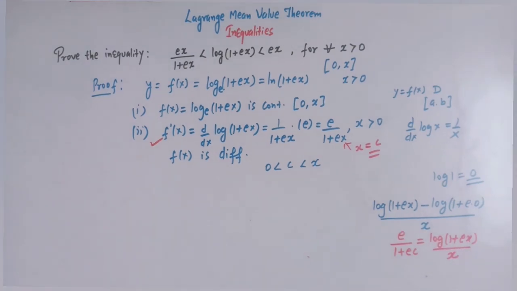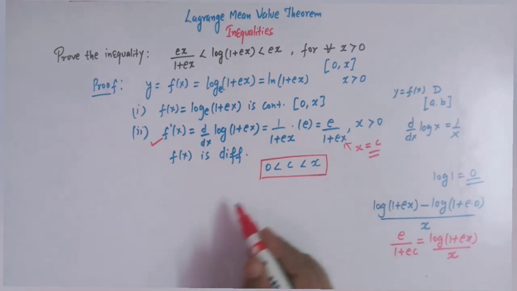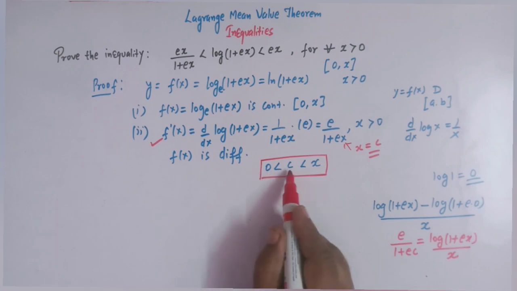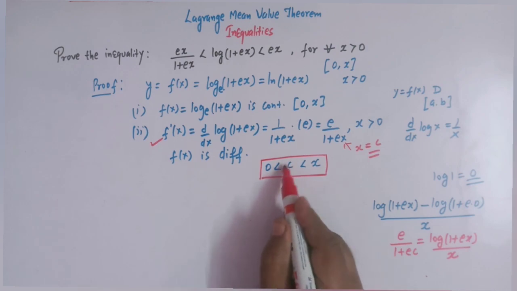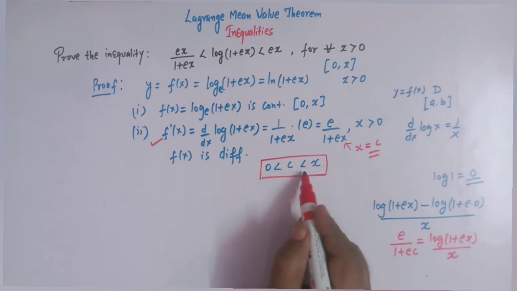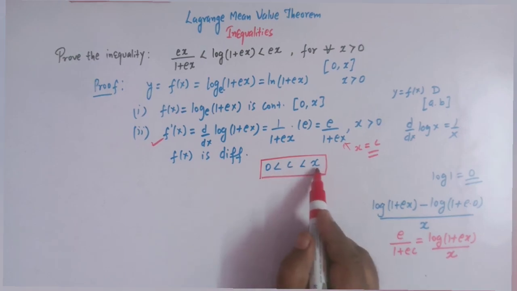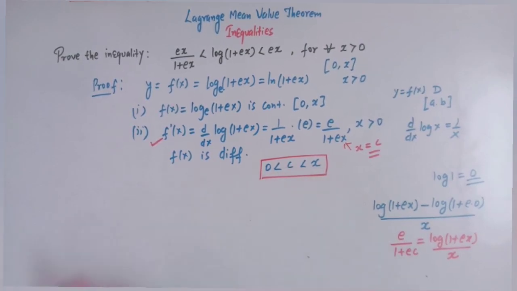So now to move further, what we will do, will use this inequality, right? See here, this point c, or this number c, lies between 0 and x, right? So let us multiply this inequality throughout by e, right?